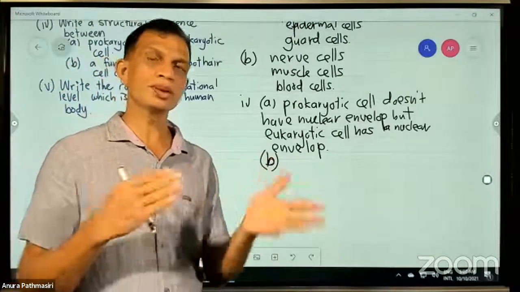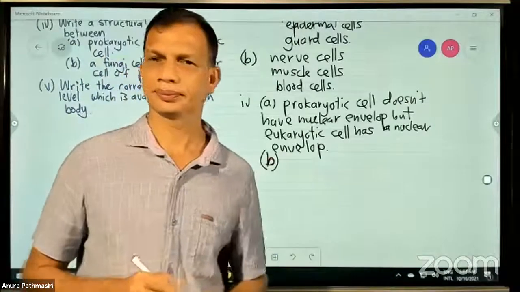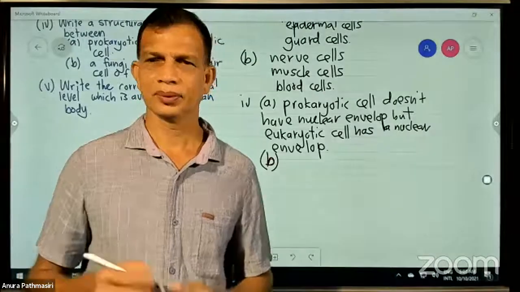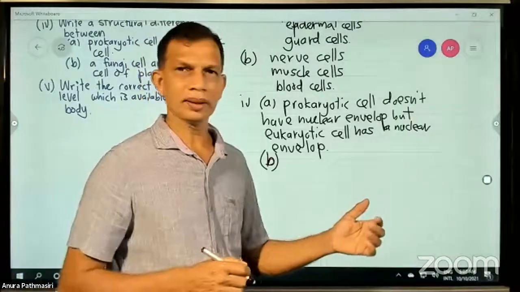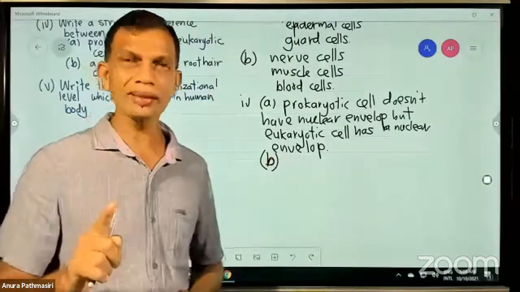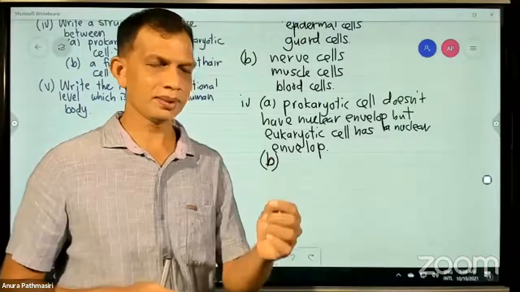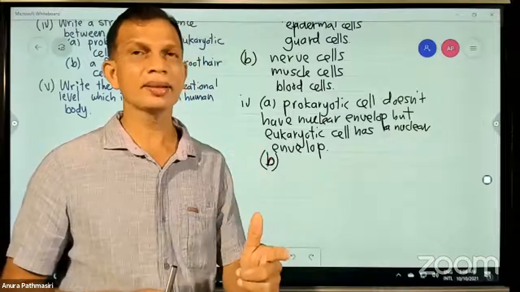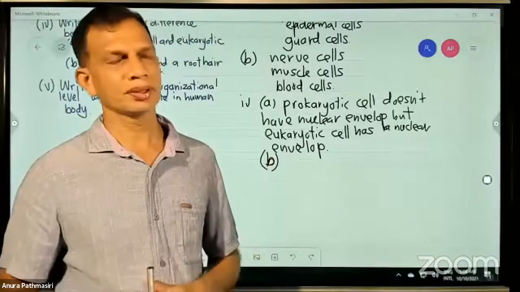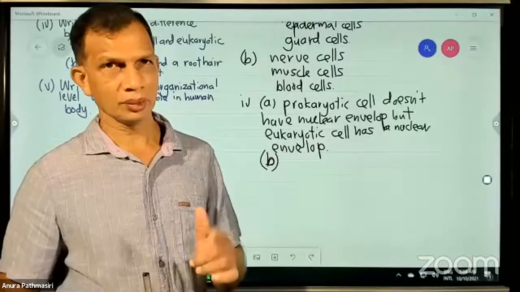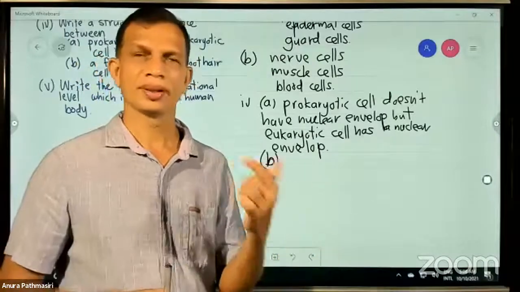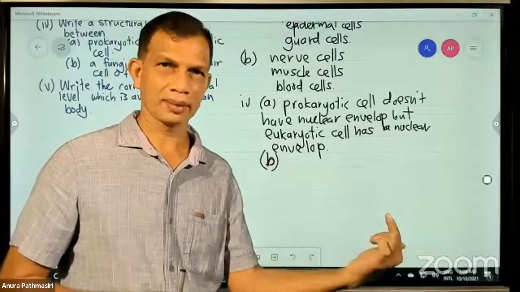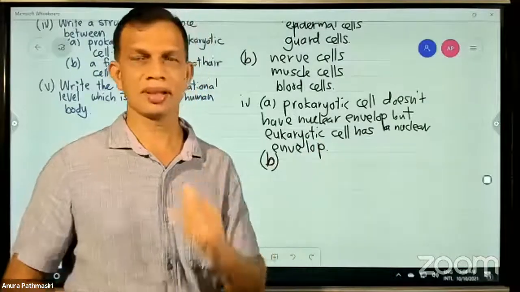What's the difference between these two cell walls? Fungi has the chitinous cell wall. It is made of chitin, right? And the plant cell wall is made of cellulose. Cellulose cell wall, but fungi has the chitinous cell wall.